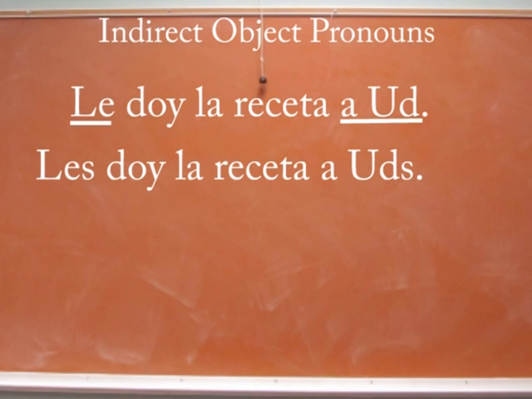For example, le doy la receta a usted. Just clarifying who le represents with the clarity and emphasis a usted. If I'm giving the recipe to you guys, or you plural, I may say les doy la receta a ustedes.